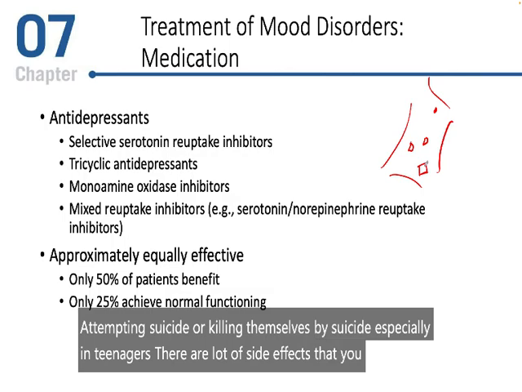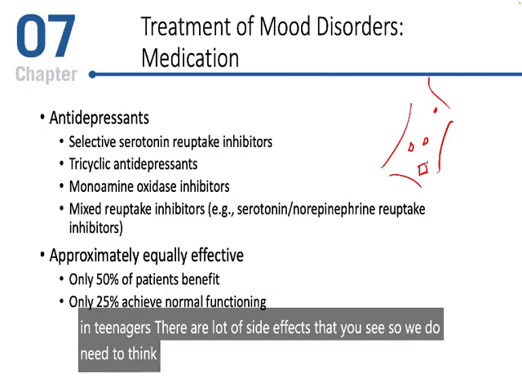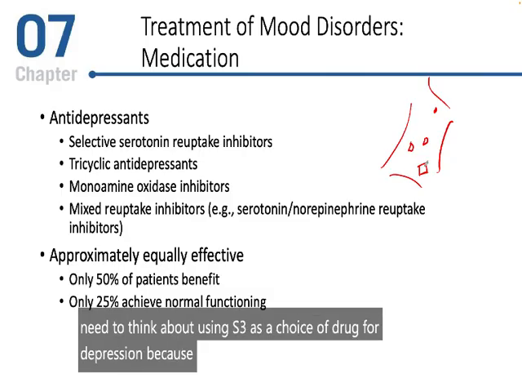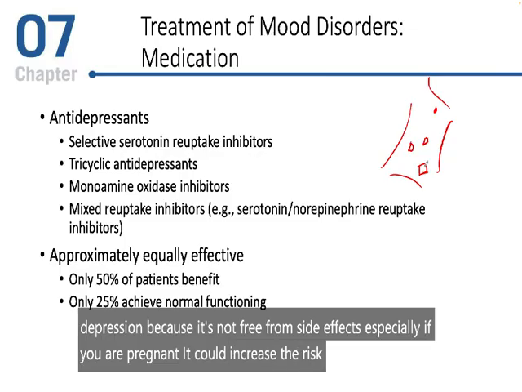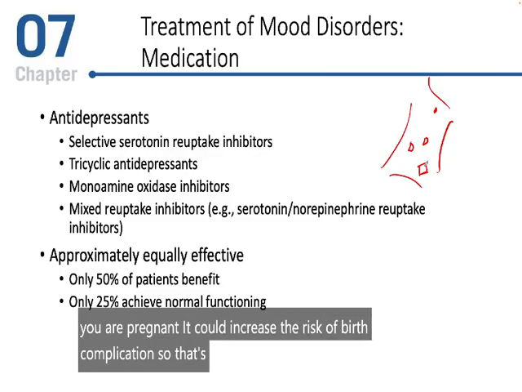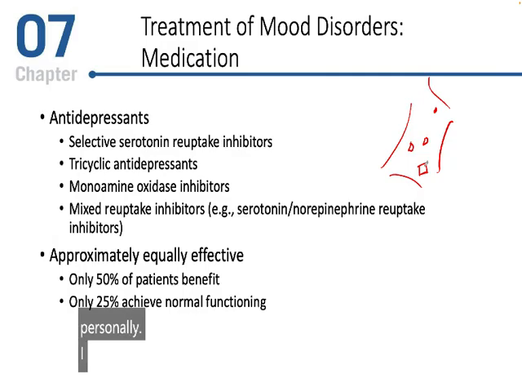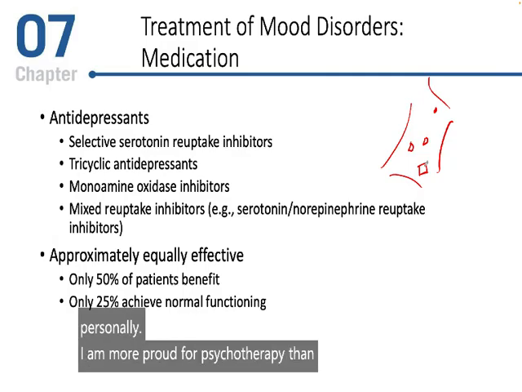So we do need to think about using SSRI as a choice of drug for depression, because it's not free from side effects. And especially if you are pregnant, it could increase the risk of birth complications. So that's one thing to keep in mind. Personally, I am more pro psychotherapy than drugs, but there are options for individuals who are suffering, who are going through depression.